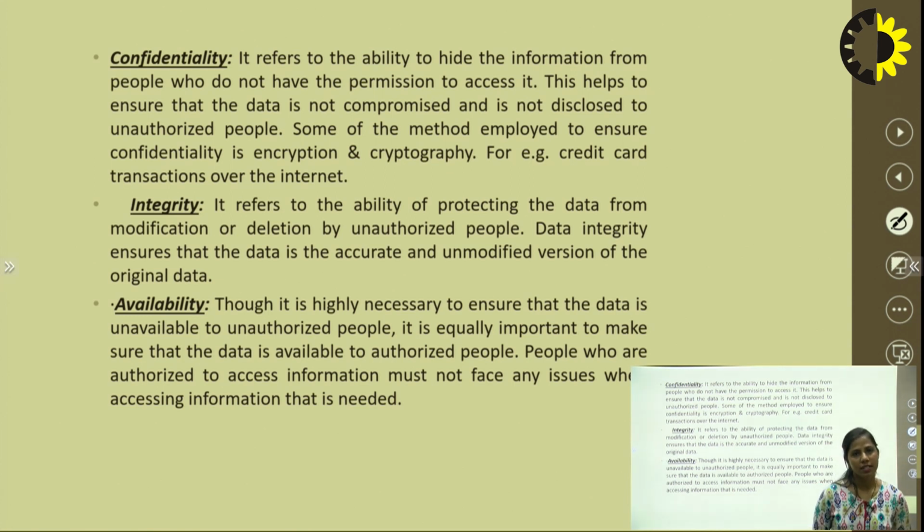In this, we are not disclosing our confidential data. Only particular persons have permission to access that data, so no unauthorized people can access it. Our data should remain confidential. Whatever information is on the internet, what is available to a particular person and how much they are accessing, should remain confidential.